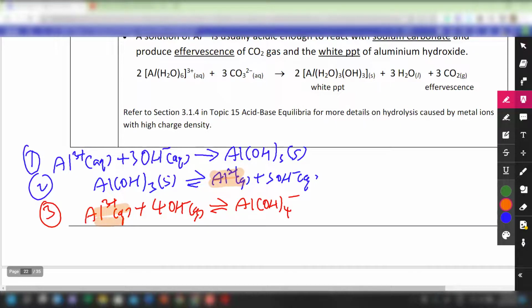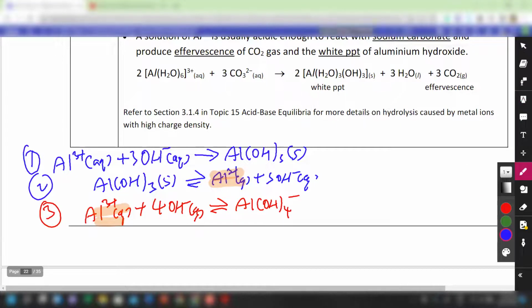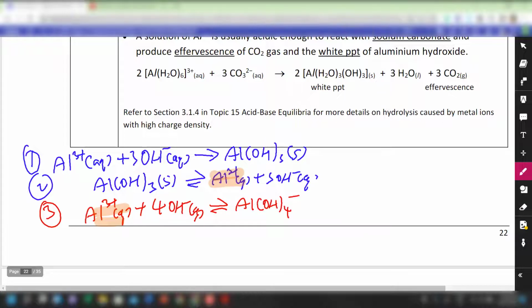The Al3+ will be consumed by equilibrium 3, which leads to the production of aluminate, and this will in turn cause the position of equilibrium 2 to shift to the right. Therefore what you observe is that aluminum hydroxide, the white ppt, dissolves to give you a colorless complex, which is aluminate.